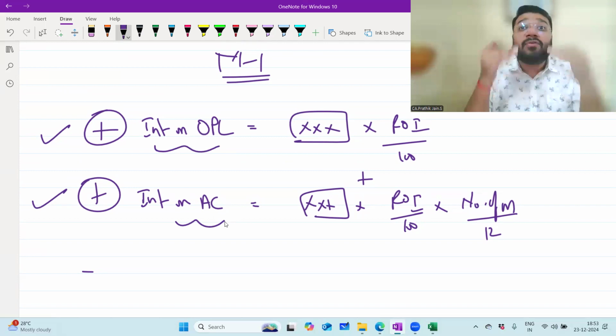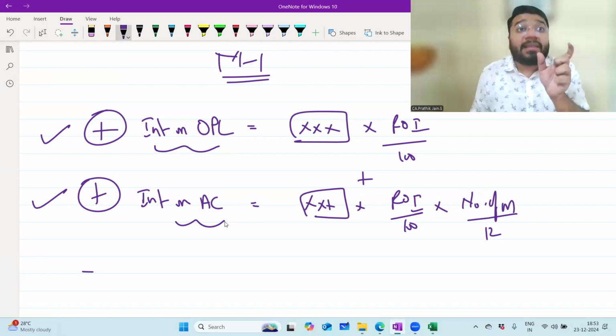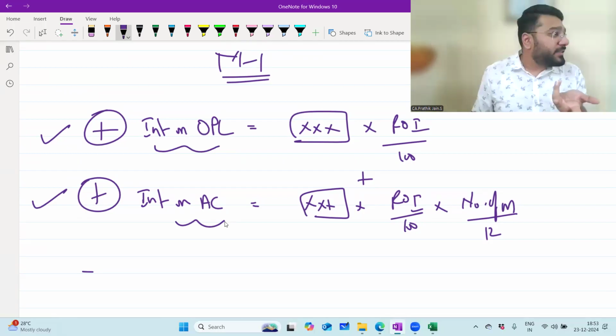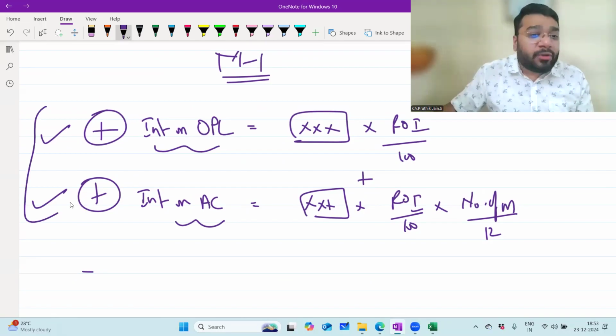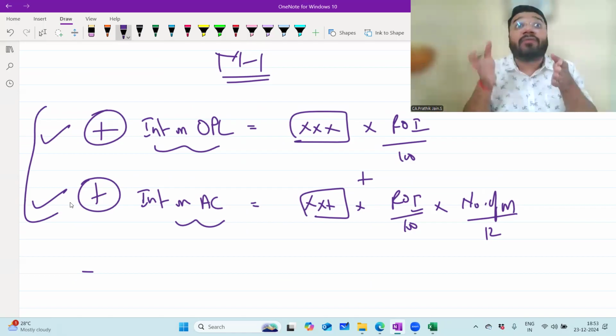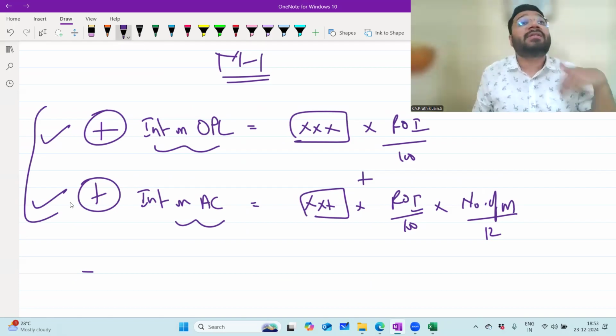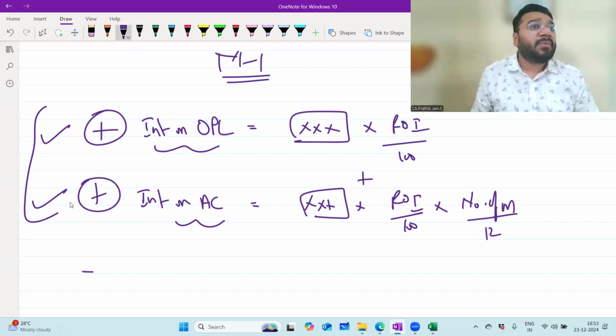For the period that the firm has not enjoyed the capital, why will the firm pay the interest? So when you withdraw the money, on that part the interest needs to be reversed.